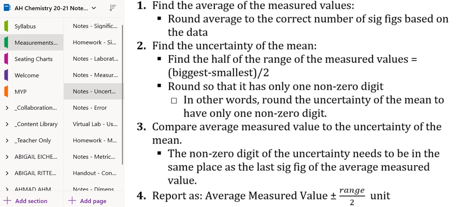So now you need to compare your measured value, your average measured value, and your uncertainty, and make sure that the number place where your uncertainty is in the same place, the same digit, as your last significant figure in your average value. We're going to look at all kinds of examples to make that clear, okay? This is just a lot of words for it. And then you're going to report your average with uncertainty, just like we did before. Measured value plus or minus uncertainty followed by the unit, okay?